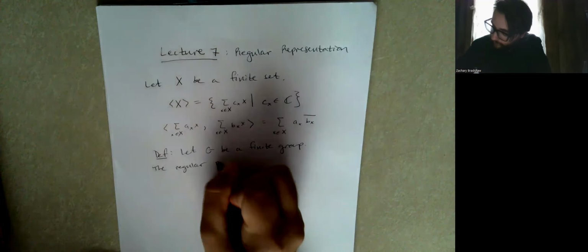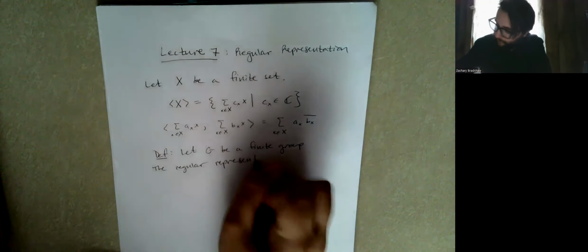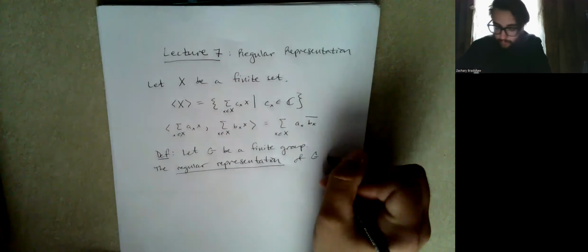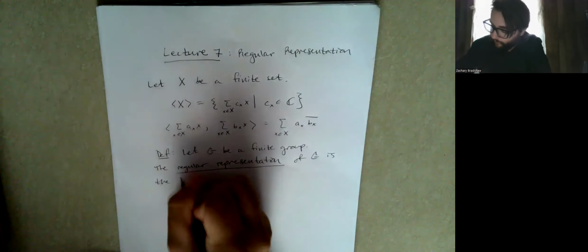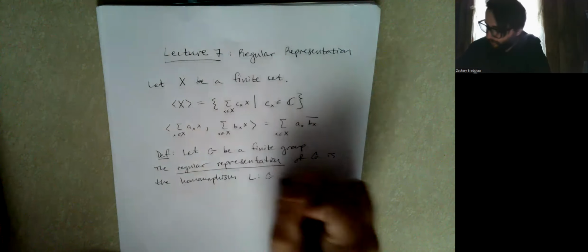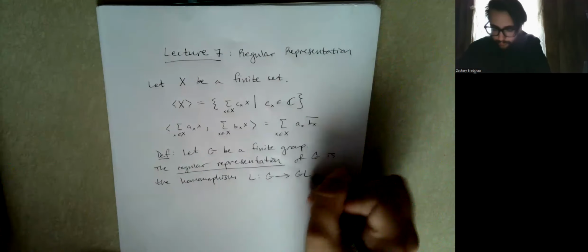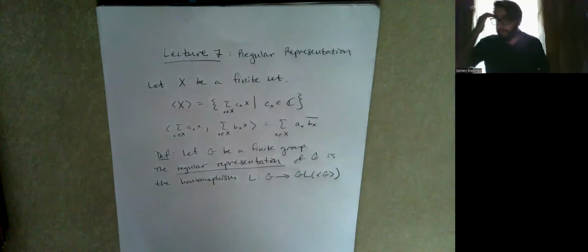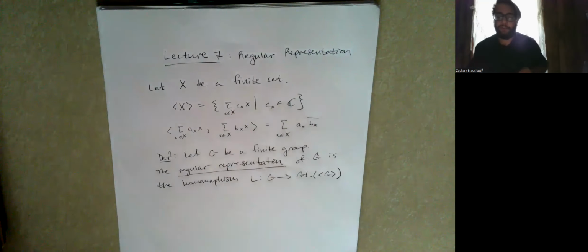The regular representation of G is the homomorphism L sending G to the general linear group, where our vector space is this formal one where the finite set is taken to be the elements of the group.